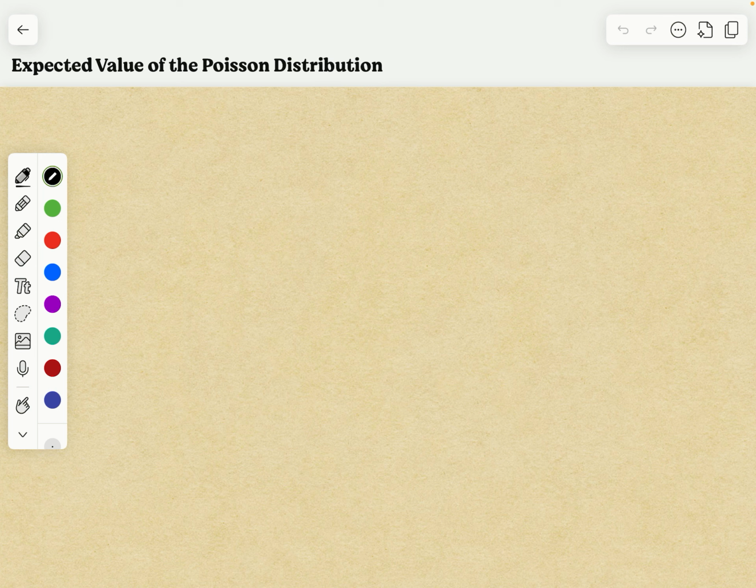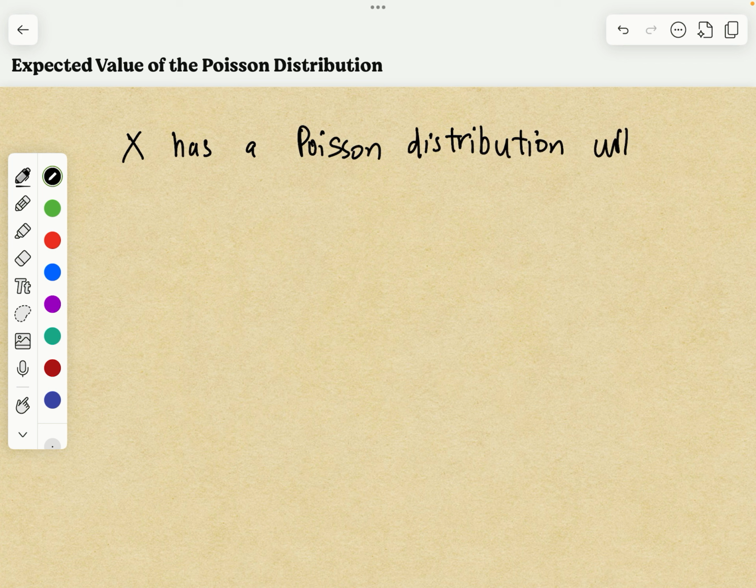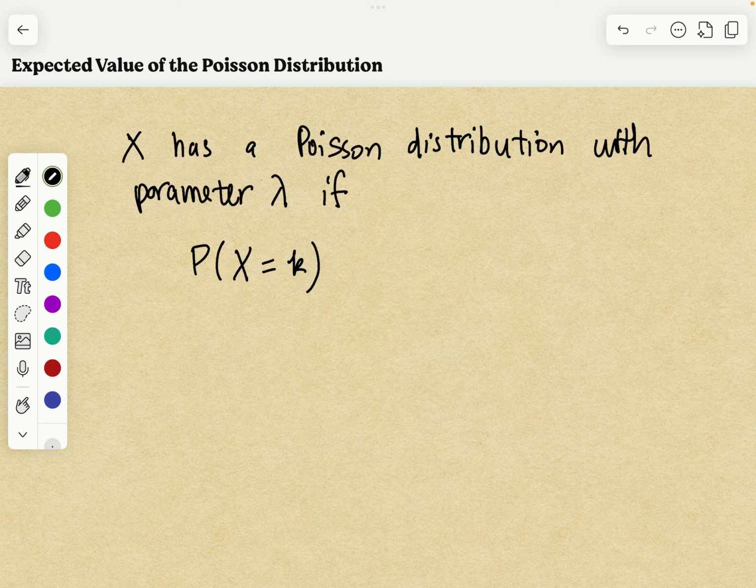So we say that a random variable X has a Poisson distribution with parameter lambda if the probability that X is k, so this is a discrete probability distribution, is equal to e to the minus lambda times lambda to the k over k factorial for k equals 0, 1, 2, and so on.